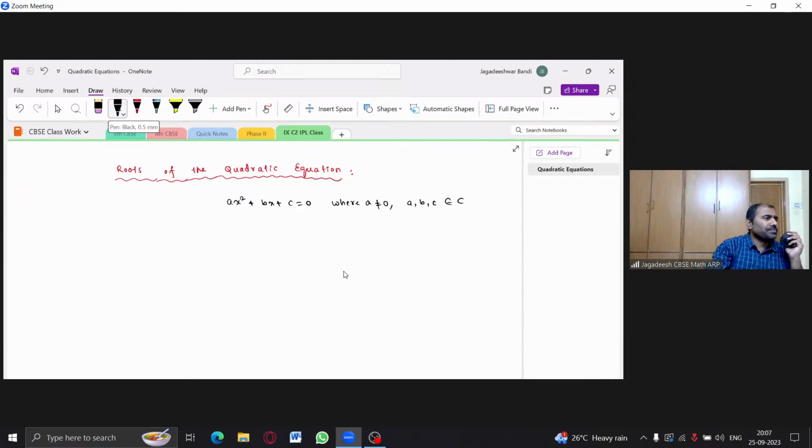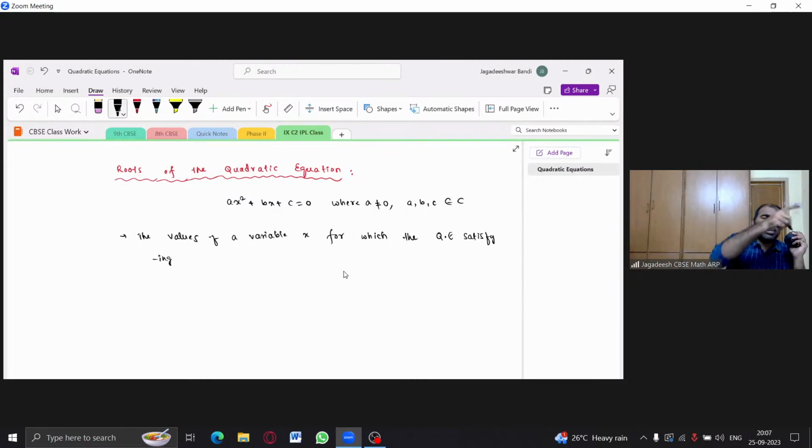I'll write here: the values of a variable, here the variable is x only, for which the quadratic equation satisfies. Satisfying means if you substitute that x value, you have to get 0, as we have on the RHS. That is called satisfying.